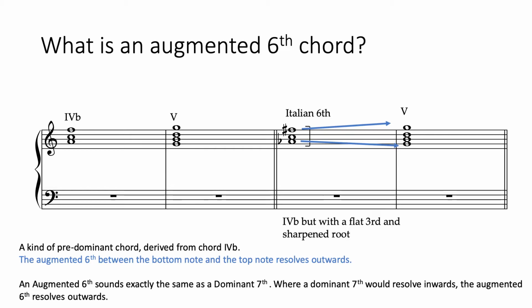So where a dominant seventh would resolve inwards, we might expect that kind of inwards motion. This chord resolves outwards. So there we are. There's an augmented sixth chord and the way in which it resolves.